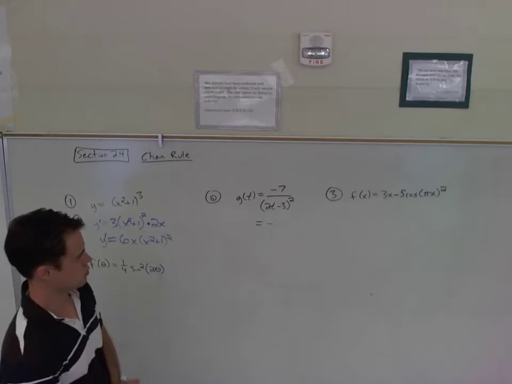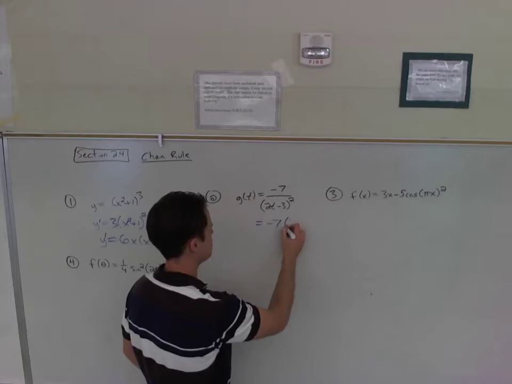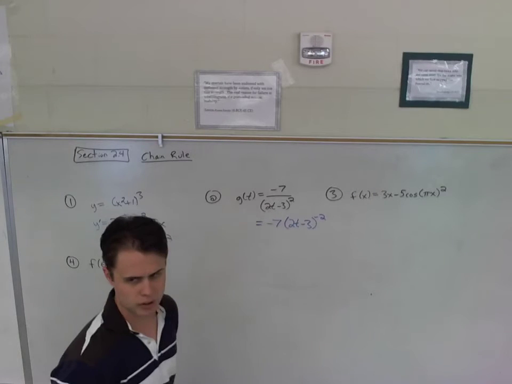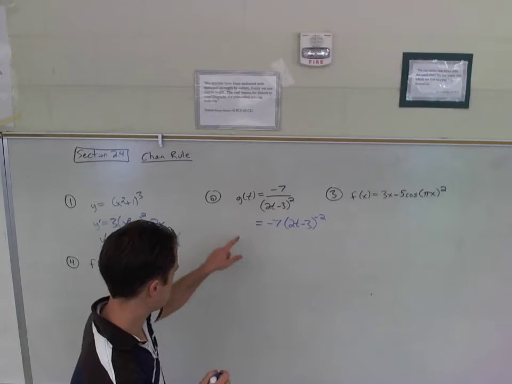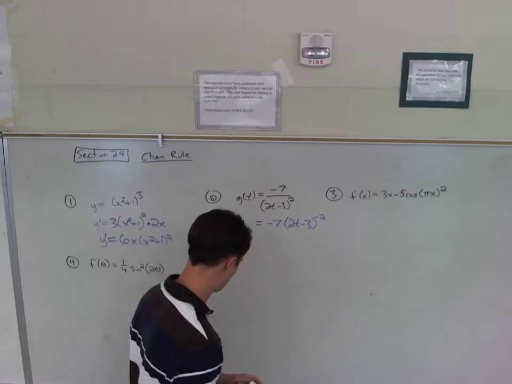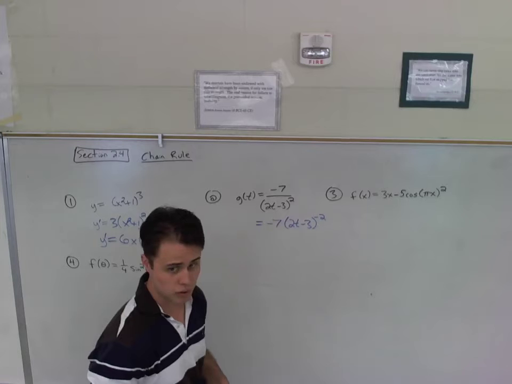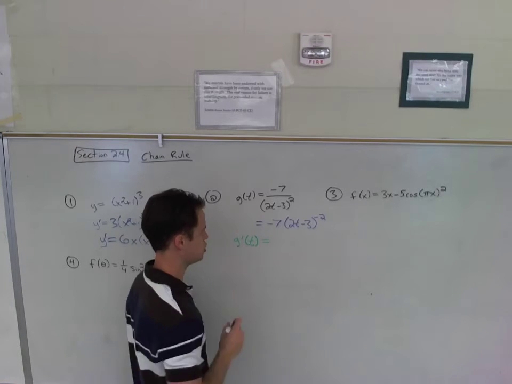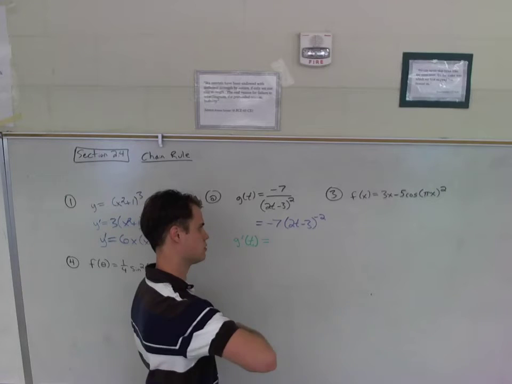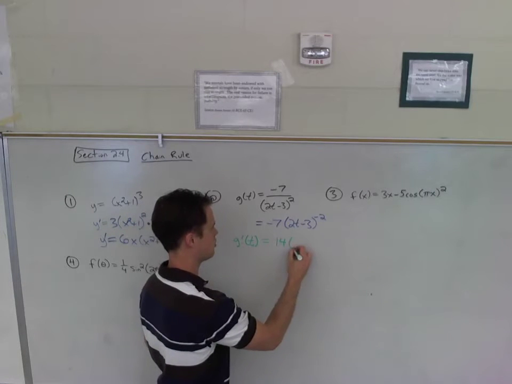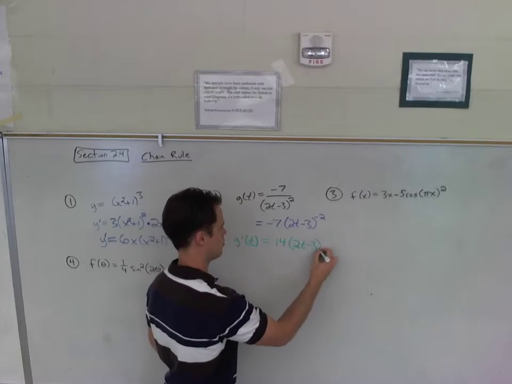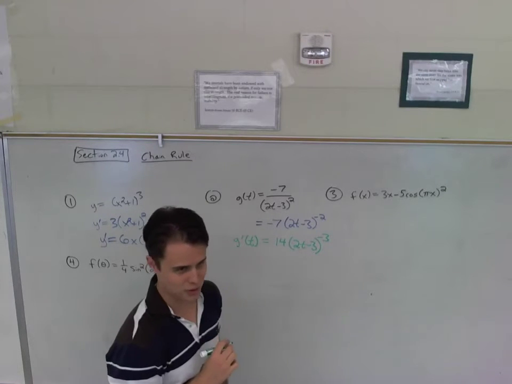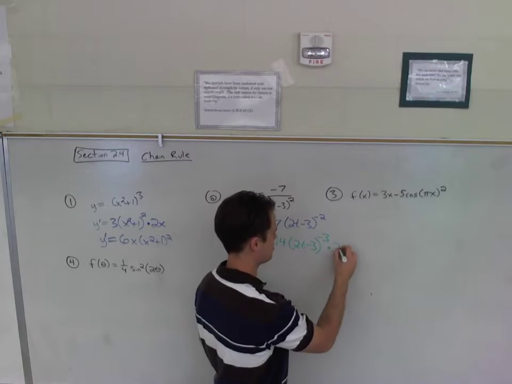So we have negative 7 times (2t minus 3) all to the negative 2 power. I'd simplify it like that first. G prime is going to be 14 times (2t minus 3) to the negative third, times... now here's what everyone's going to forget... times 2.